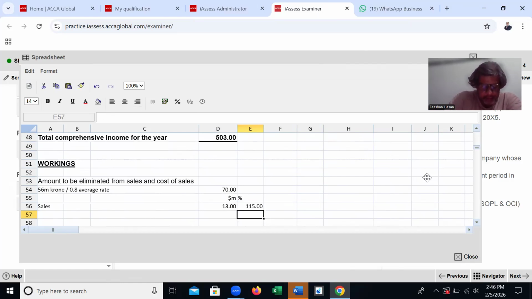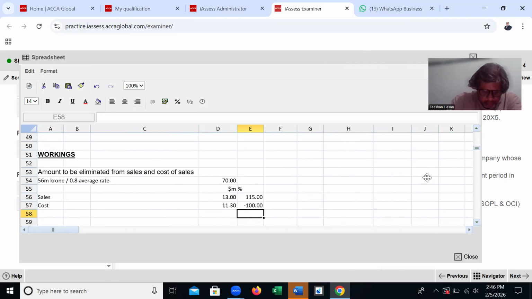Sorry, margin is 115. We already looked at it in the question. Okay, the cost is always 100%. Remember, the cost, 11.3, and it is always 100. Remember, the cost is 100.